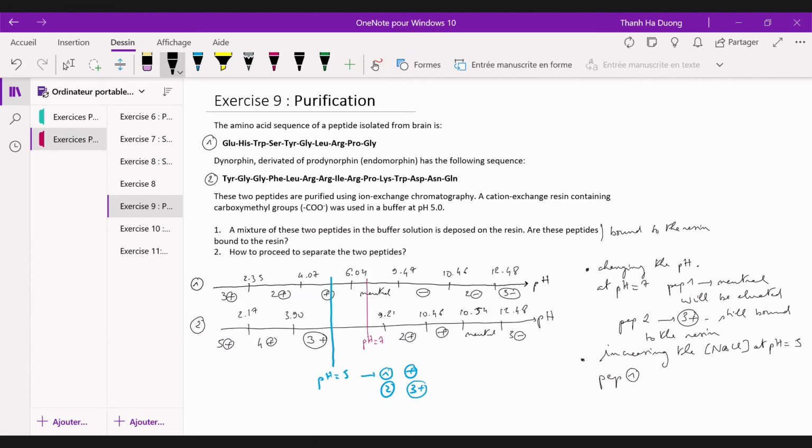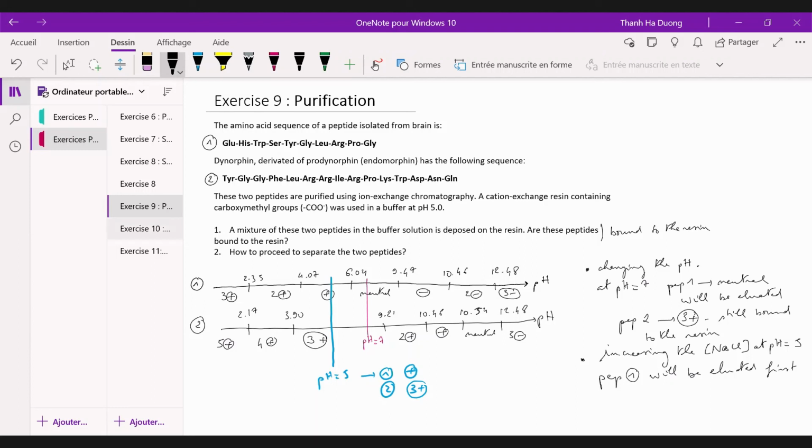Peptide 1 will be eluted first, because this is the one which is less charged. Peptide 2 has 3 positive charges, so it is tightly bound to the resin, and you need a higher concentration of salt to release peptide 2. Okay.